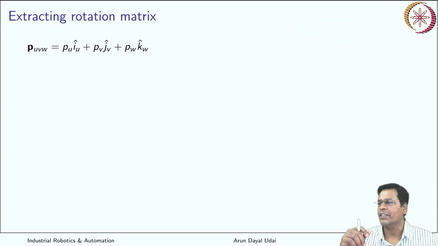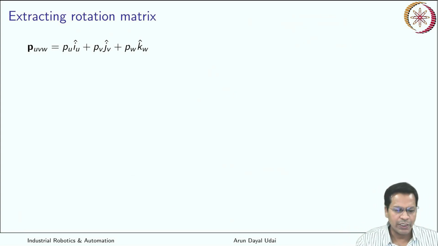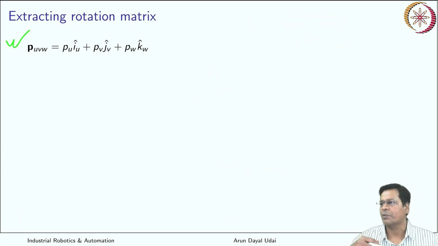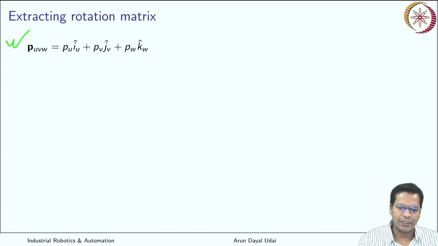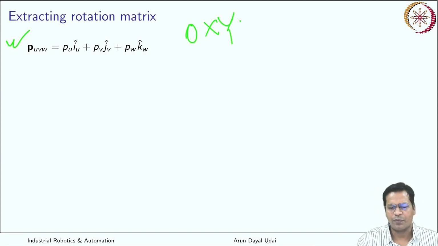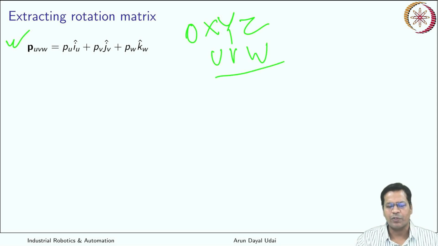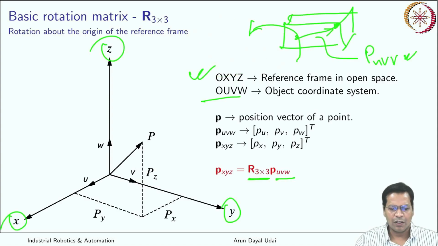Let us see how this point was initially represented. Initially, the object axes, UVW, were aligned with the x, y and z axes of the OXYZ frame. So Pu was equivalent to Px, where Px is the projection of this point along the x-axis.